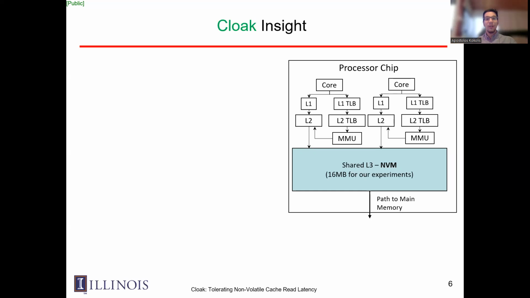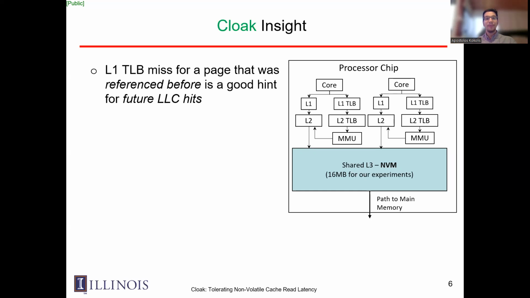Our work is called Cloak, and the main insight is that an L1 TLB miss for a page that was referenced before might be a good hint for future LLC hits. So to test this insight, we create the following experiment. We have a shared L3 with 16 megabyte cache that works as a victim cache.